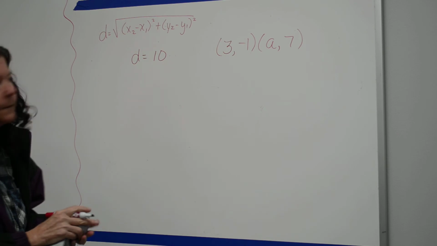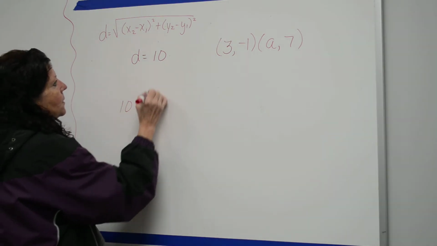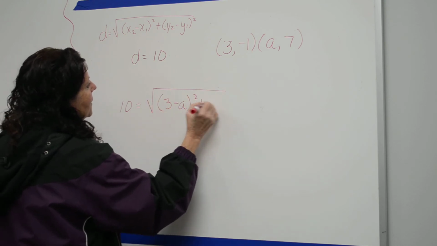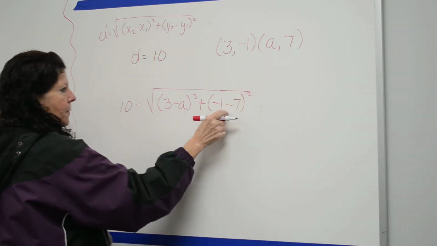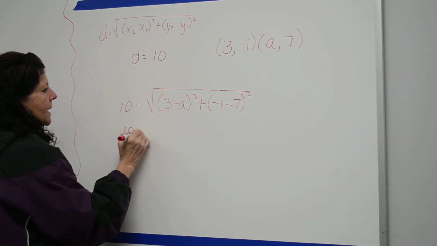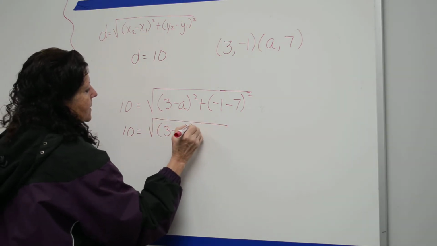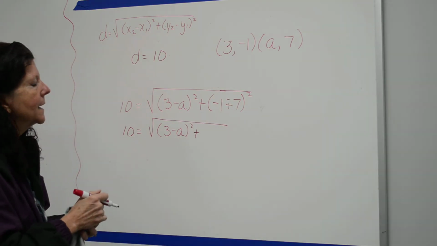All right, I'm going to plug it into the formula. 10 is equal to the square root of (3 minus A) squared plus (-1 minus 7) squared. The only part I can do is right there. So I have 10 is equal to the square root of (3 minus A) squared plus, if you add the opposite of the second number, that's going to be a -8.